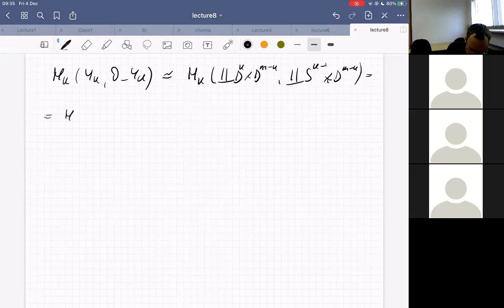Yeah. So that's Hk reduced of the wedge of the spheres S^k, okay? And if I say that the homology group of this is generated by the classes by the stable manifolds, then I use this isomorphism, okay?